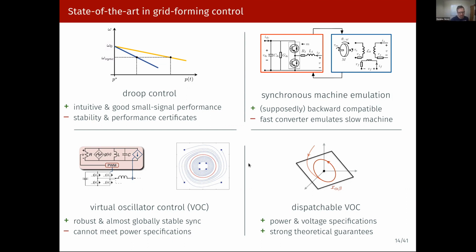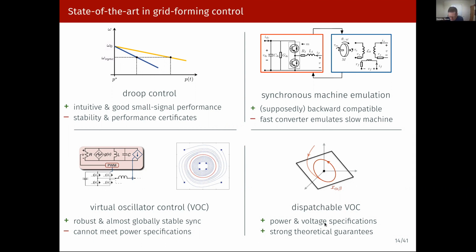And then there are more methods that are inspired by self-synchronization of oscillators, standard virtual oscillator control, something that mimics a nonlinear oscillator, and those have self-synchronizing properties if you put them together. This is something that you will see quite a bit for single-phase inverters, but the original version of this, you couldn't give it power set points, so for transmission systems it isn't particularly useful.